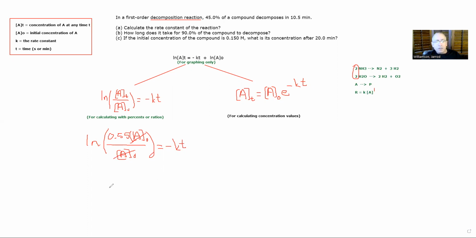When I rearrange the algebra here, I'm going to have k is equal to minus the natural log of 0.55 over 10.5 minutes.